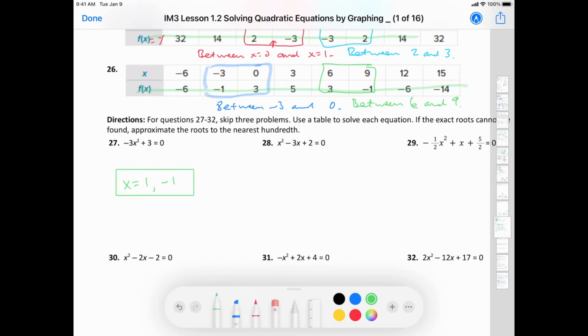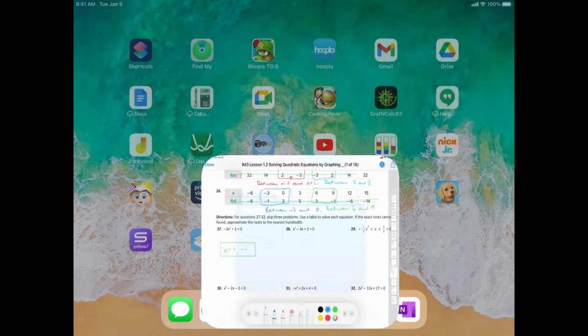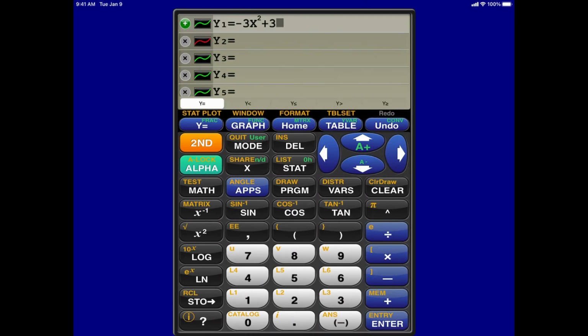Okay, let's go ahead and try number 28. So let's go back to our calculator. Y equals, clear it out, x squared minus 3x. So again, if you get an error, sometimes that's a negative sign.